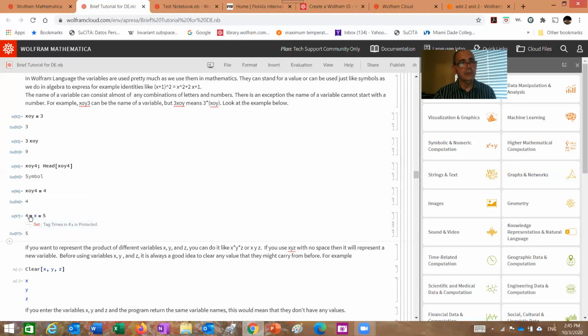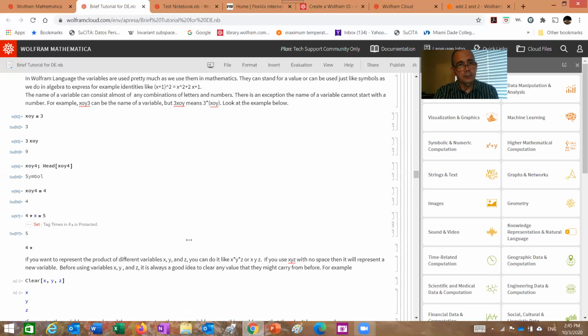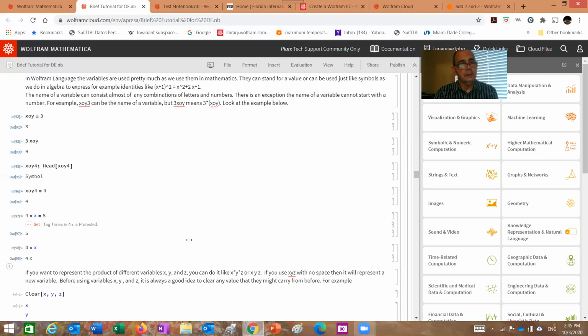It is telling you that the symbol on the left side is protected. That is something that has a meaning already in Wolfram language, and that's why we cannot assign the value 5 to that. So if you try to obtain that back here, it's not going to be equal to 5. When you press enter, it returns only 4 times 6. And then let me erase the last 2 things.